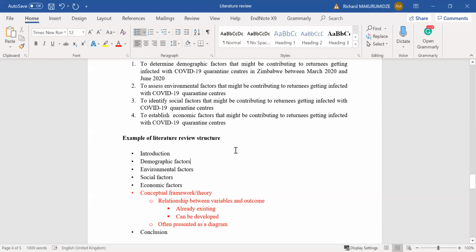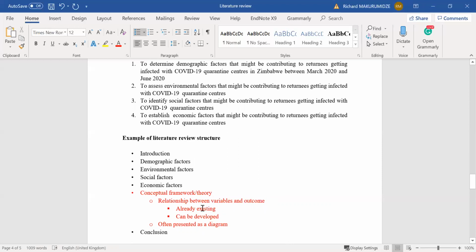In this case, your categories of variables are demographic, environmental, social, and economic, and your outcome is getting infected in quarantine centers.